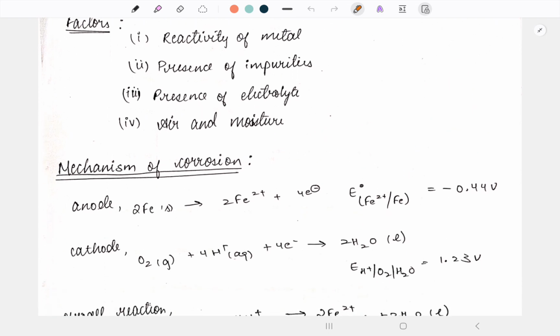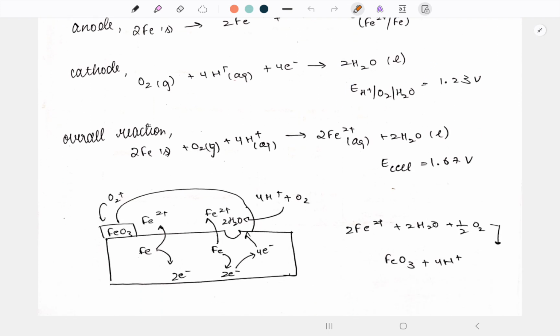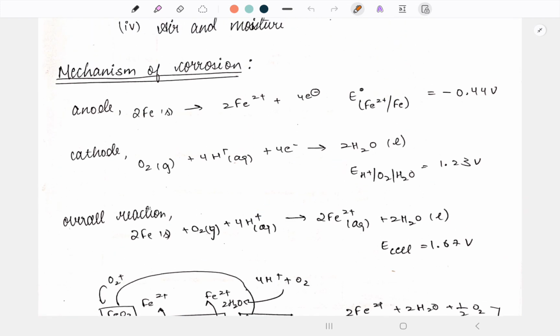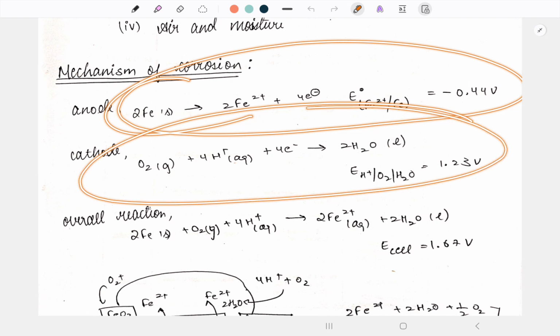So the electrons will be released at the anodic spot and move through the metal to another spot on the metal and reduce the oxygen in the presence of H+, which is believed to be available from H2CO3 formed due to the carbon dioxide from air dissolving into water. So that spot behaves as cathode. The reactions at anode are as follows, and the reaction at cathode is written like this.